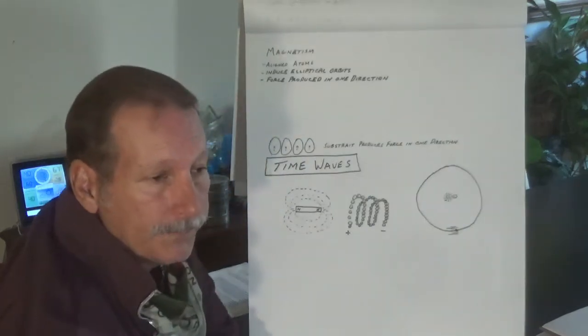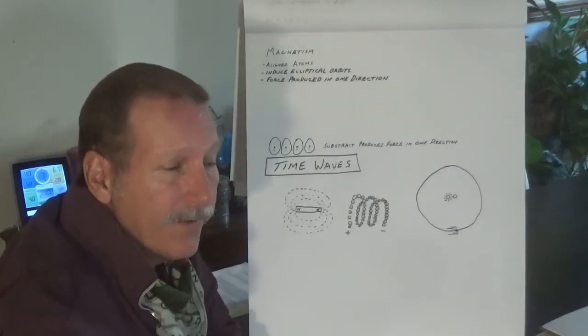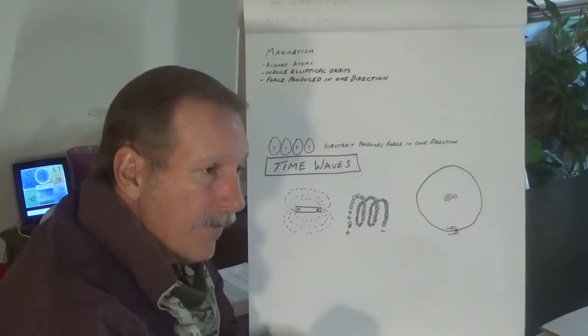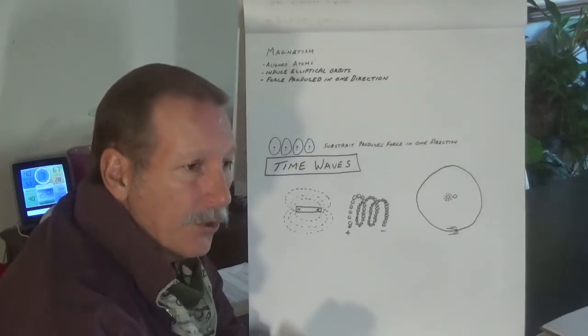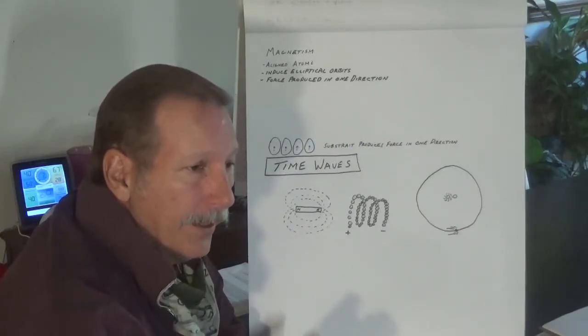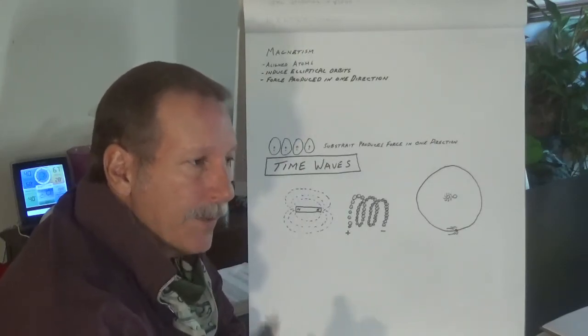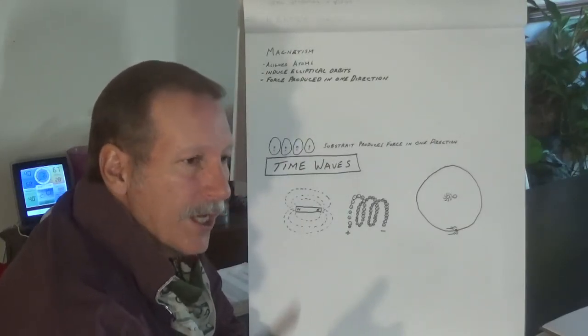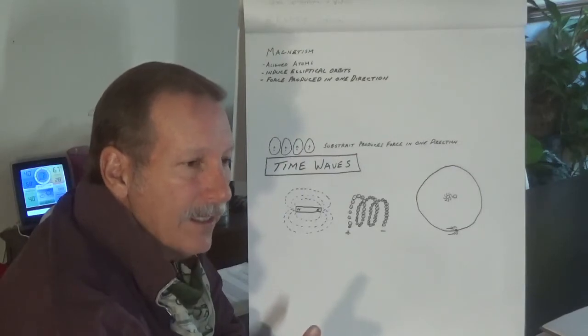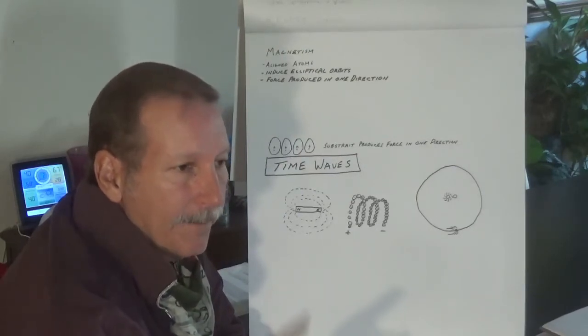So I am offering a unified theory. All of the things that are associated with the standard model of different particles behaving differently, that is associated with size and the speed of time.